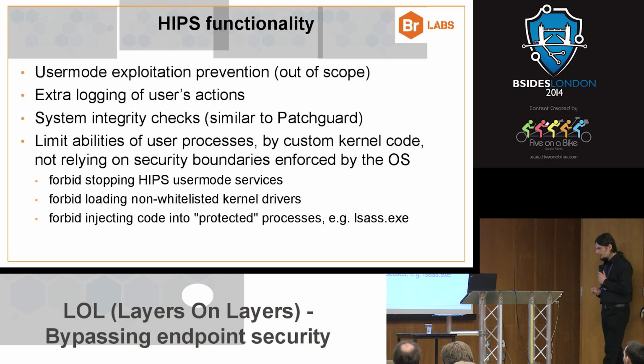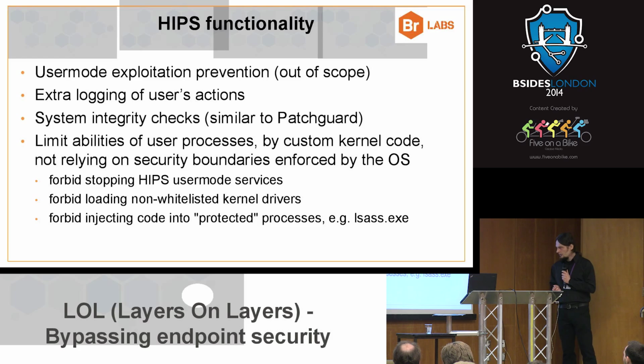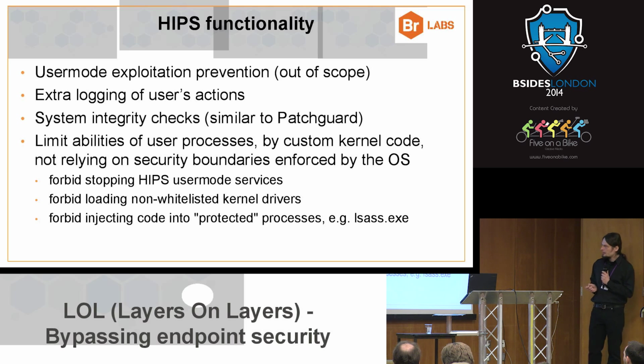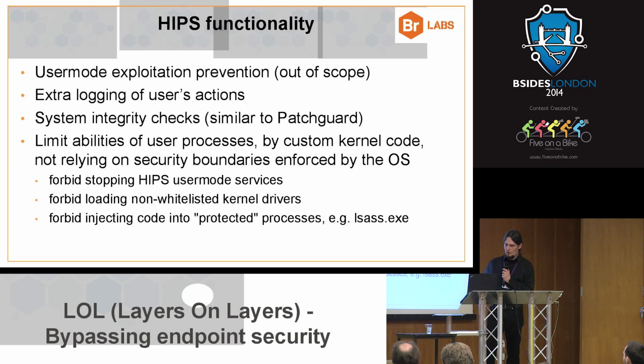So a decent intrusion prevention system should not allow injecting code into LSASS to steal credentials from it. And again, it's a little bit similar to what Sandboxie version 3 does, in a way that it should implement its own set of security controls, access control. Again, something additional to what the bare operating system does.